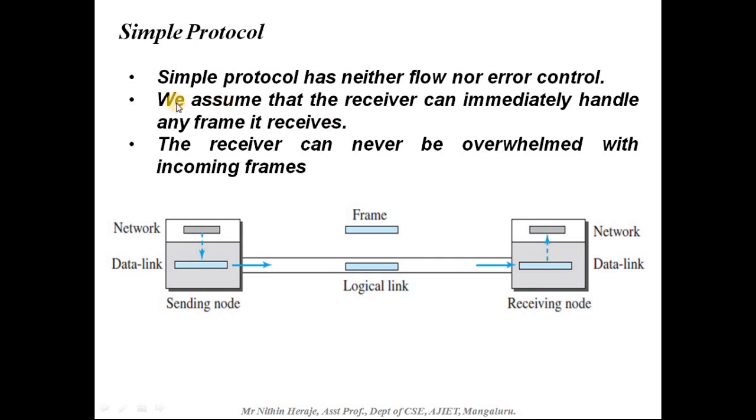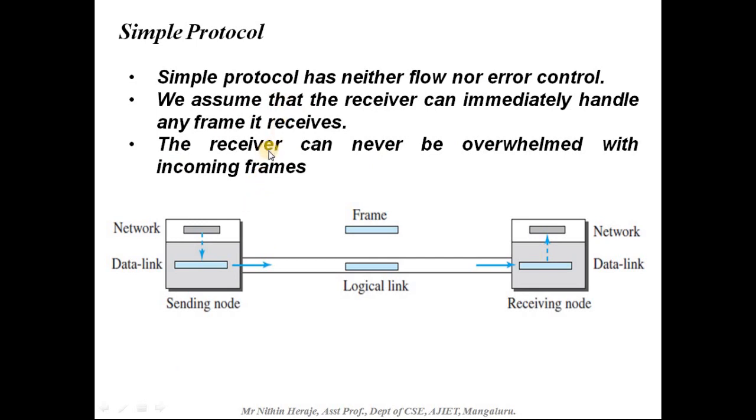The second point is that we assume the receiver can immediately handle any frame it receives. This is the assumption: the receiver will handle any frame it receives and can never be overwhelmed with incoming frames, so the receiver will not face any rush of incoming frames.